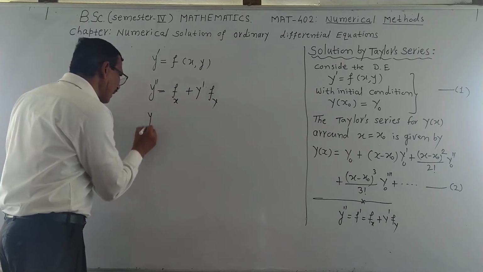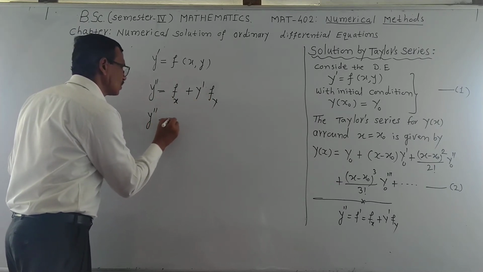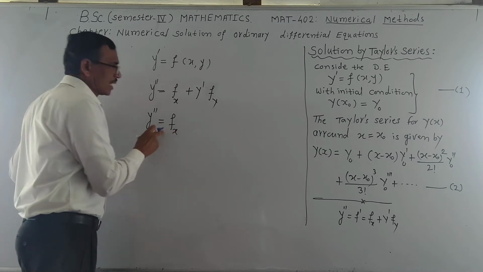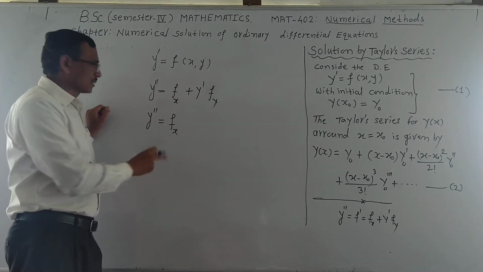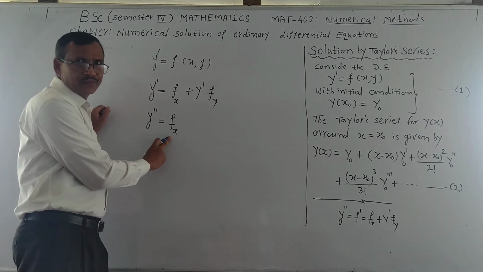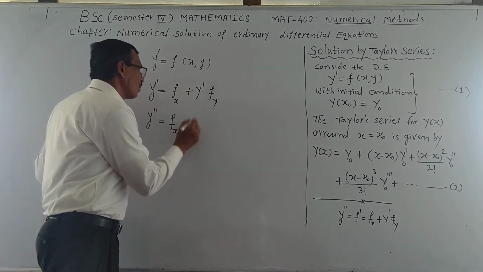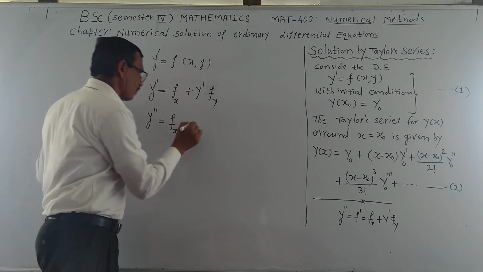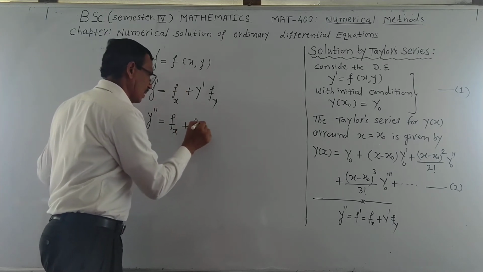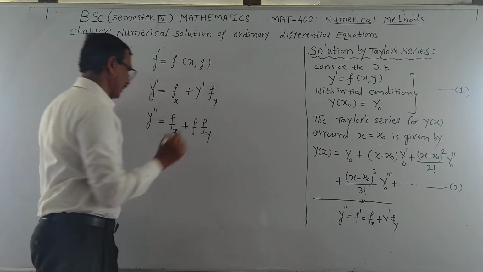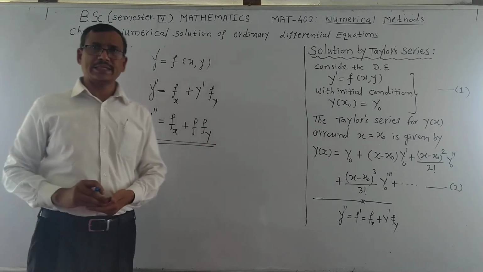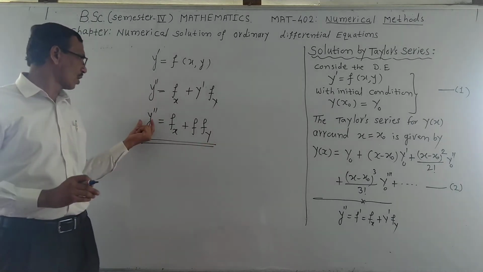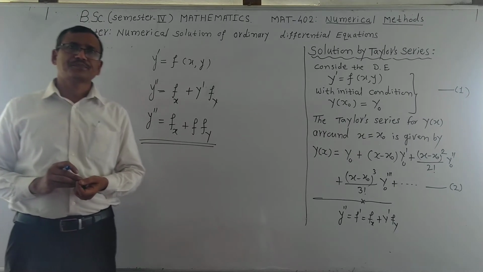Or y double dash is equal to f x, that means the partial derivative of f with respect to x, plus what is y dash? Y dash means f, so it can be written as f into f of y. This is the formula for y double dash, that is the second order derivative.